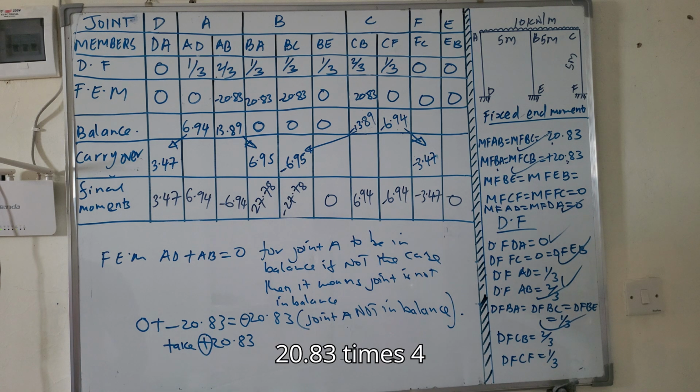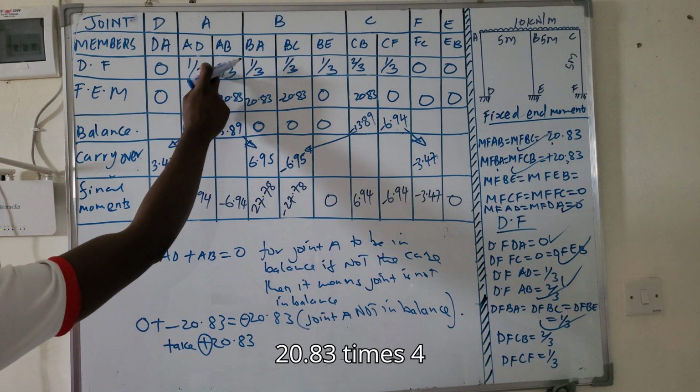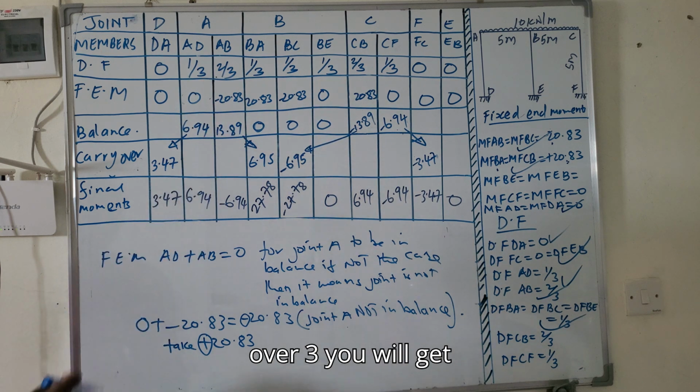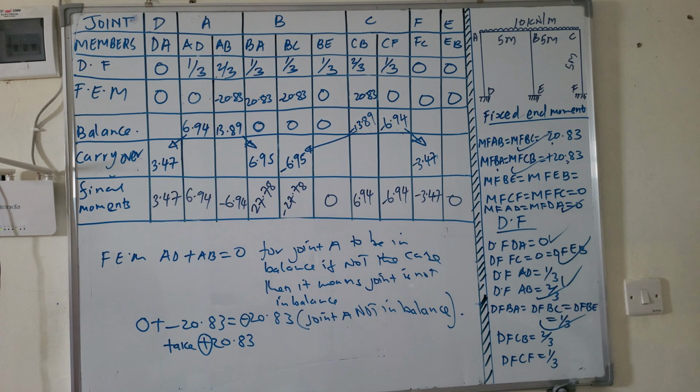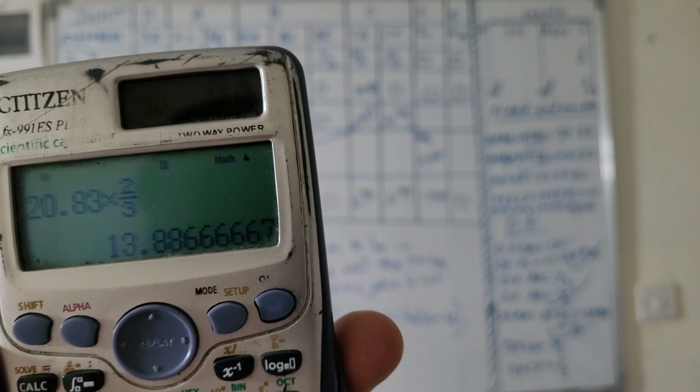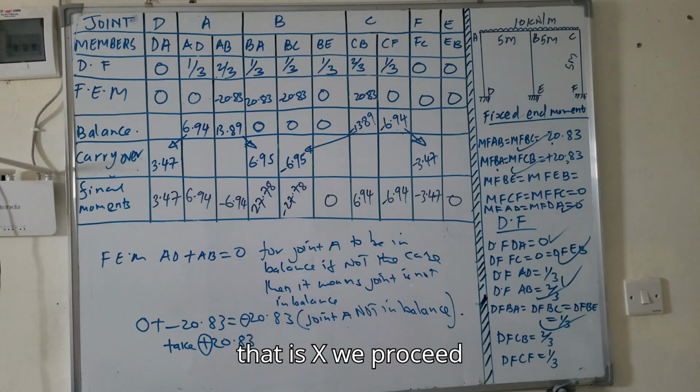Again, you take 20.83 times 2 over 3. You will get positive 13.89. That is it.